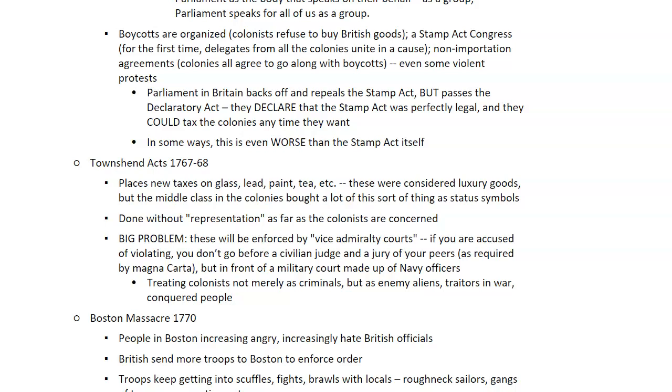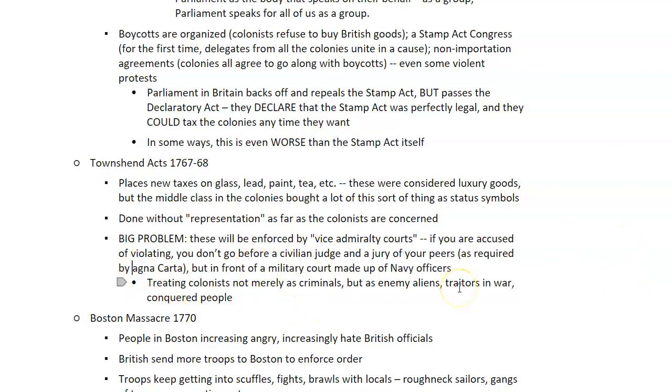But here's the big problem of the Townshend Acts. How are you going to enforce these taxes? They'll be enforced by vice admiralty courts. If you are accused of violating the law, you don't go in front of a civilian judge and a jury of your peers, as required by Magna Carta.